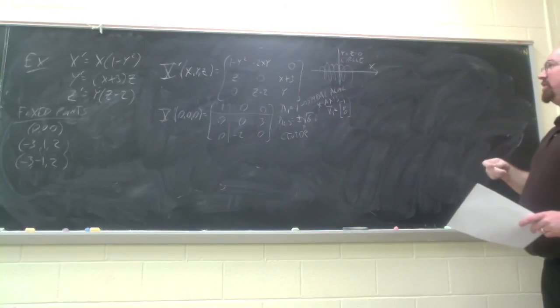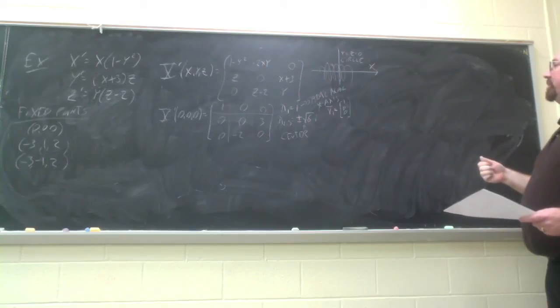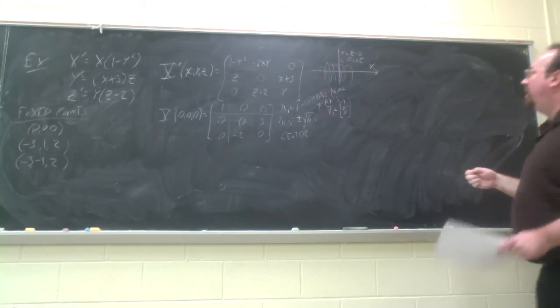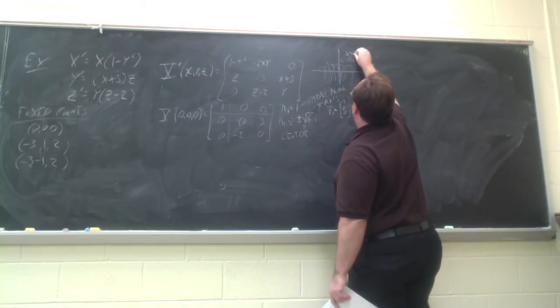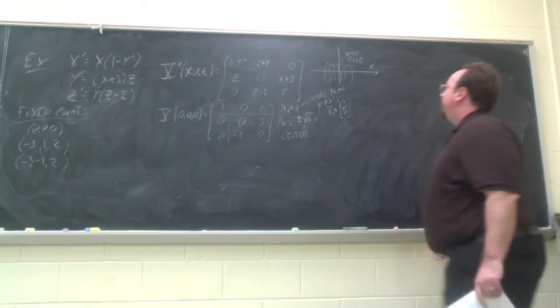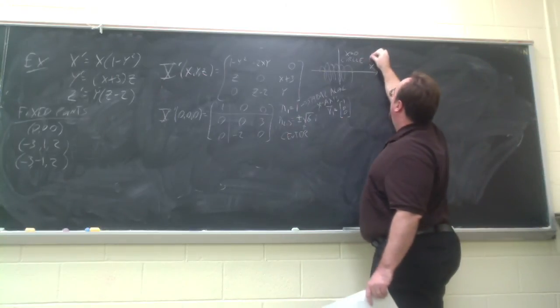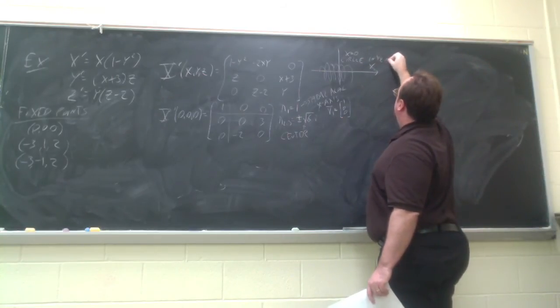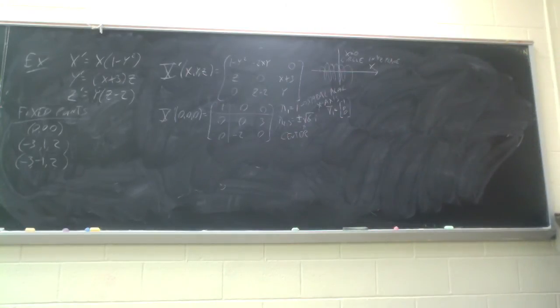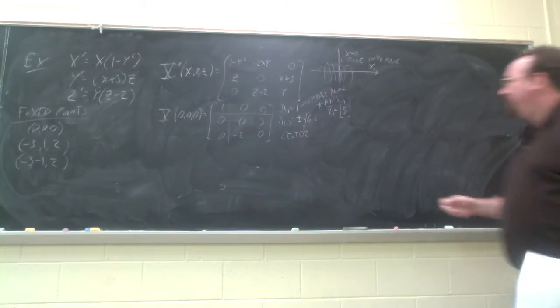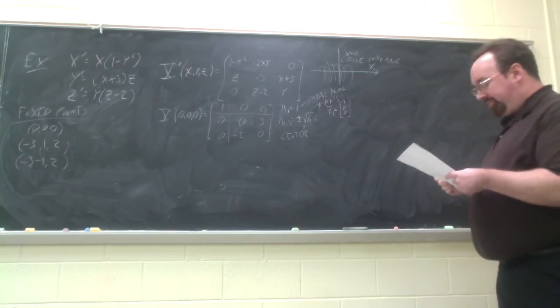If you have a solution at x equals 0, then we have this circle in the yz plane, because of those purely imaginary eigenvalues. But away from x equals 0, with y and z still 0, the spiraling is going on because of that positive eigenvalue.